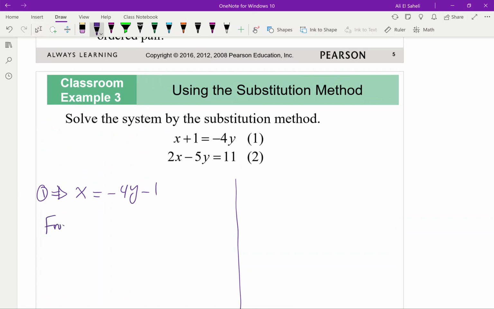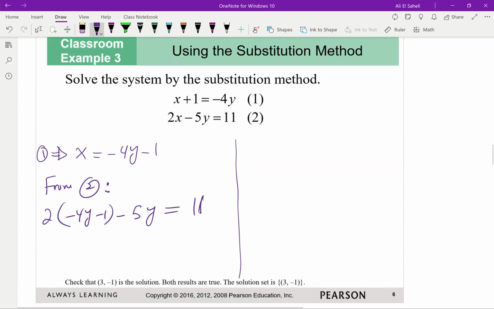So from 2 we get 2 times x minus 5y equals 11.